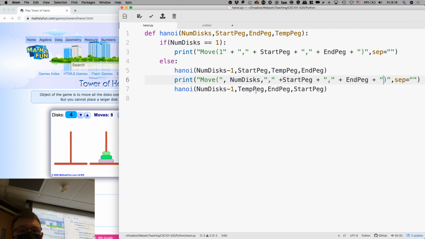So this basically is what we had before, except instead of move, I've actually just printed the actual instruction with the word move. That's the only difference, it's just printing stuff instead.